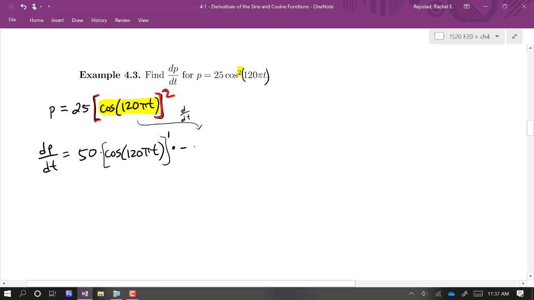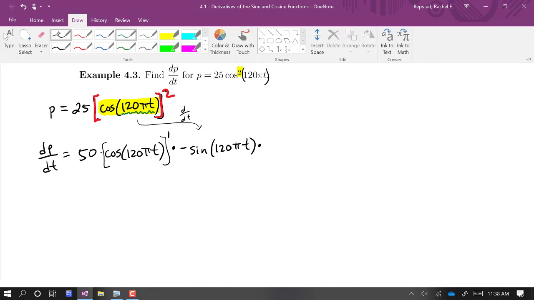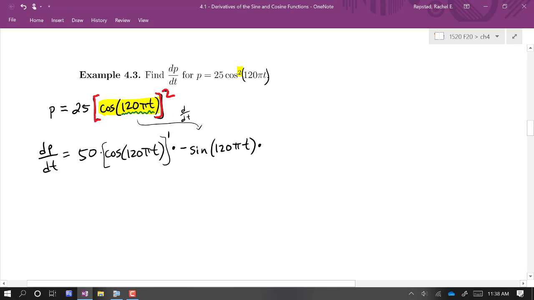So that'll be a minus sine of 120 pi t times, and I have to apply the chain rule again, right? The derivative of cosine 120 pi t is minus sine, and then we apply the chain rule, we have to multiply by the derivative of what was inside the cosine function. So that would be 120 pi.